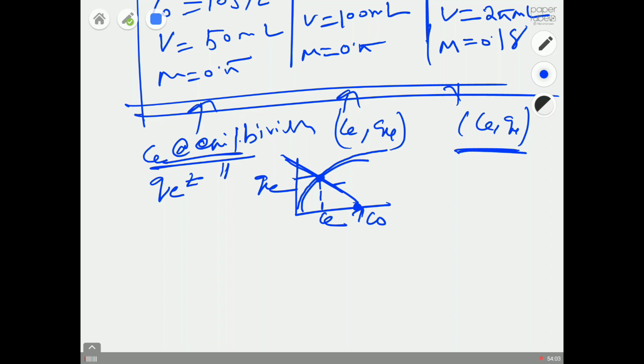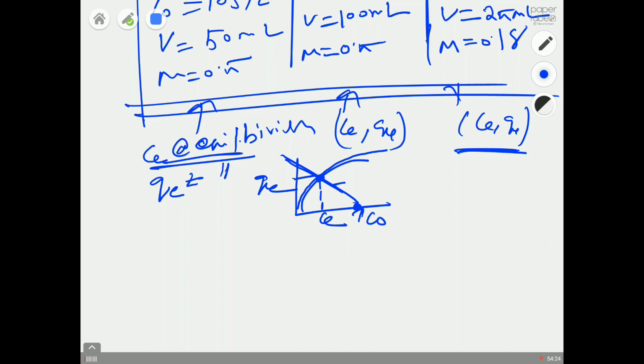If they ask you to calculate how much protein can be adsorbed from that solution at equilibrium if you start with 20 grams per liter, you can easily calculate it using this graphical technique.